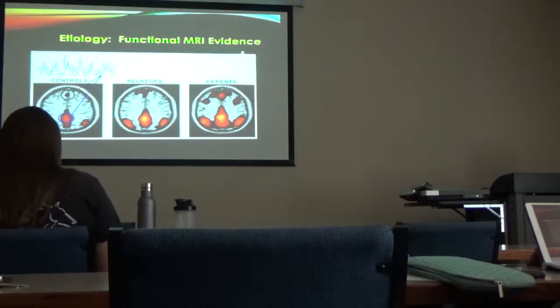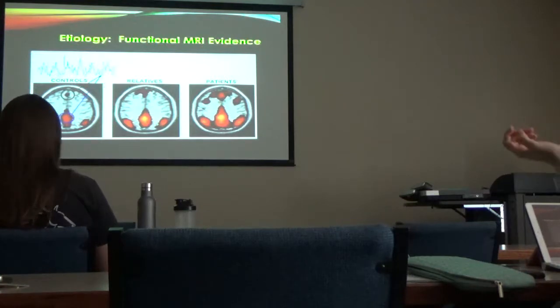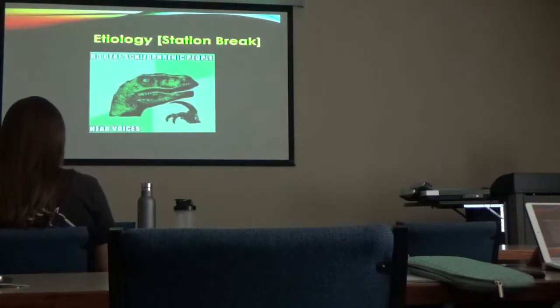This is an MRI where you're asking people to do something. I showed you some of these a little bit earlier, but here are controls, people without schizophrenia. These are people who have schizophrenia, and these are relatives of people who have schizophrenia. So there's not something similar going on inside their brains doing similar activities.